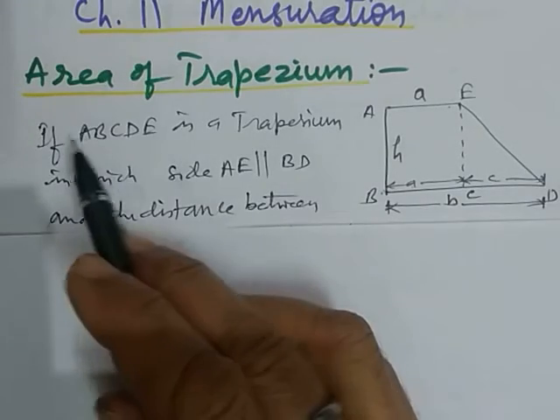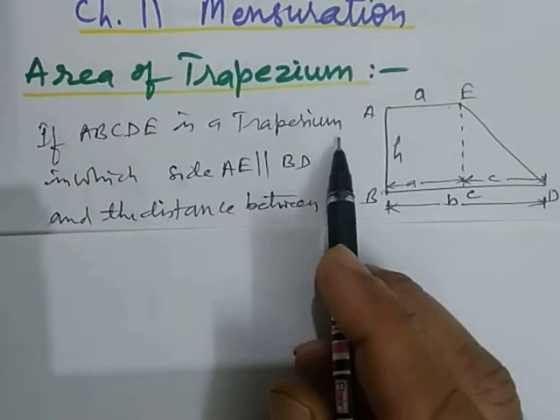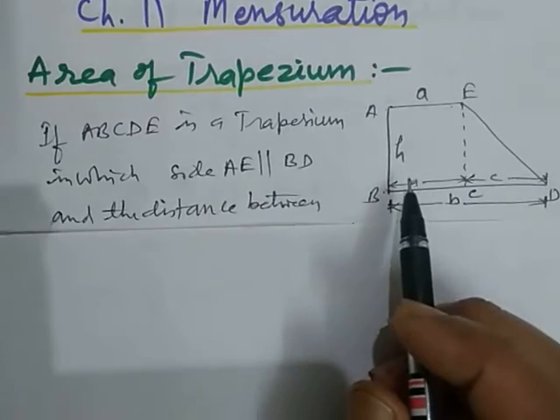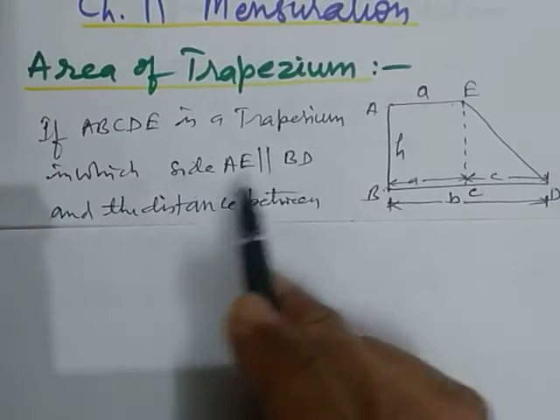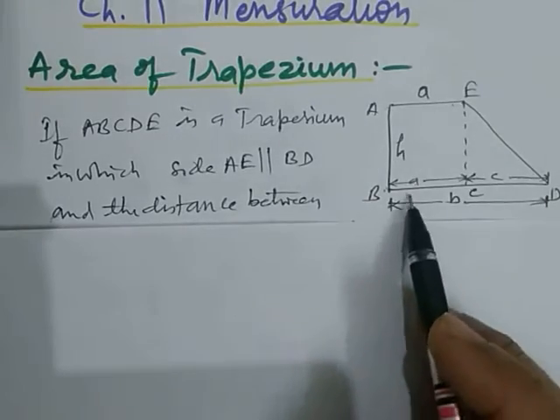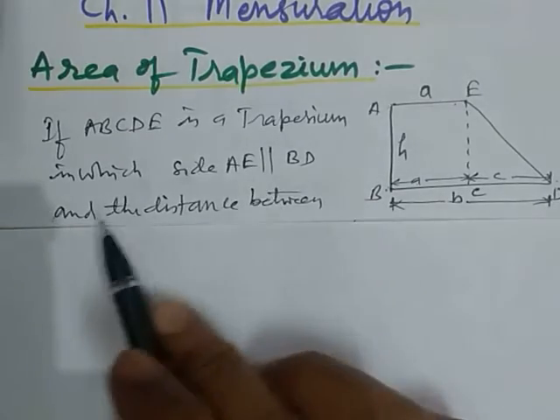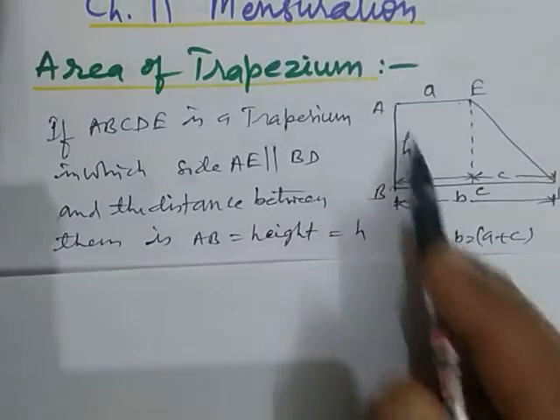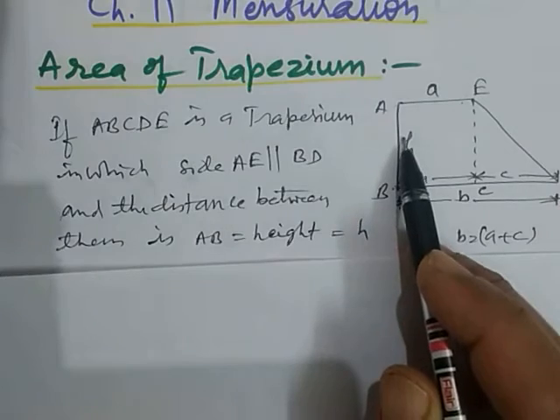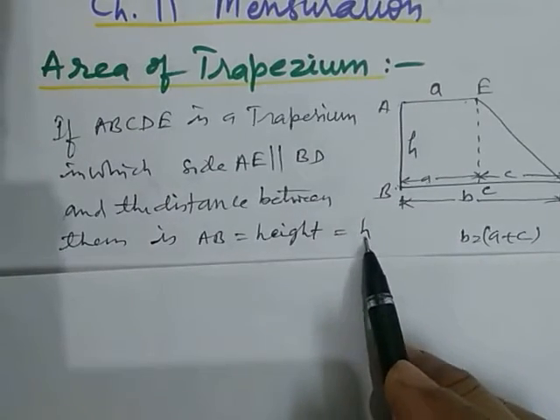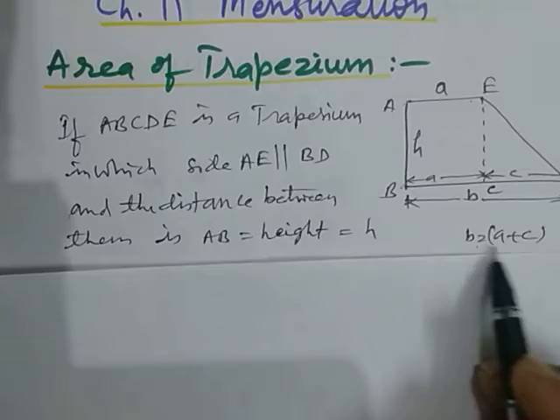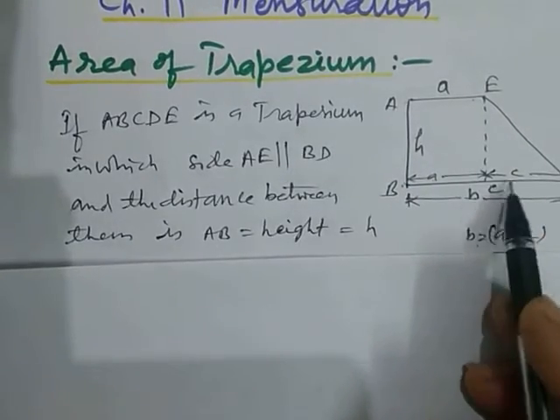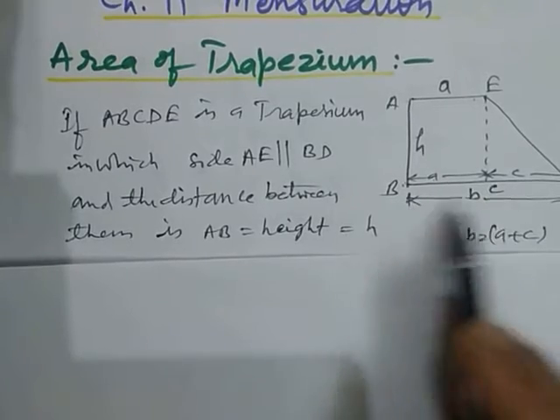If ABCDE is a trapezium in which sides AE and BD are parallel, and the distance between them is AB, which is the height h, and b equals a plus c. Why? Because this is a, so this is also a, and this is c, so a plus c equals b.